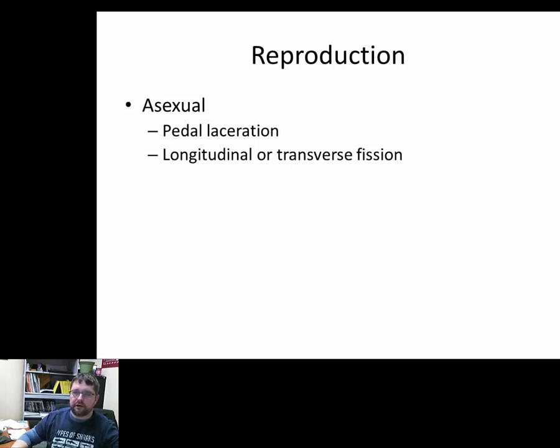All right, reproduction, asexual, okay, and that can be due to quite a few things. If the organism is damaged, is lacerated, so the petals are lacerated, whatnot, they can just form a new individual. This happens sometimes when fish will take a bite of a sea anemone or something like that. Pieces will break off, and you have these chunks that are floating around and form new individuals. Same thing with polyps.